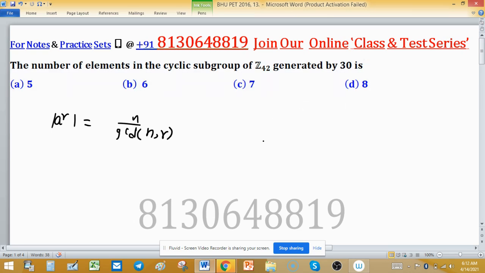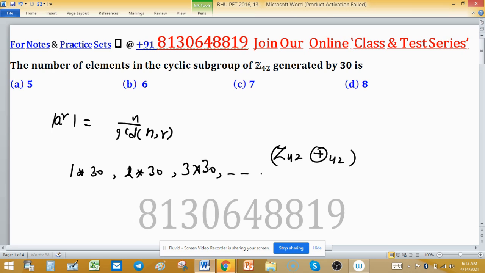So generated by 30 means 1 star 30, 2 star 30, where star is the operation on Z42. Normally the operation induced on this is addition modulo 42, so 3 into 30 and so on. So you can find the elements of the subgroup.